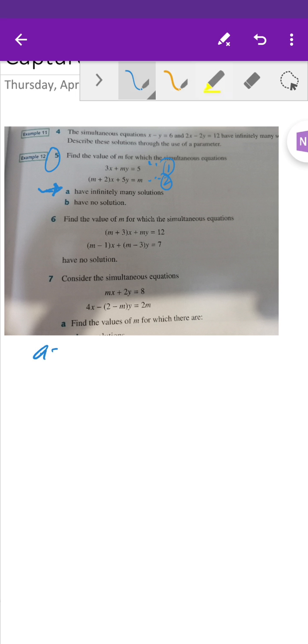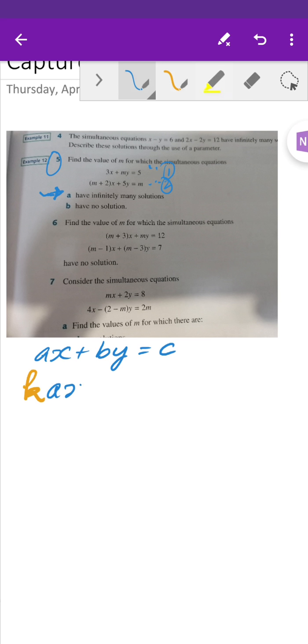Now, if one equation is ax plus by equals c, to have an infinite number of solutions, we need to multiply the first equation by the same constant, and we would get the second equation. If that happens, they're effectively the same equation.